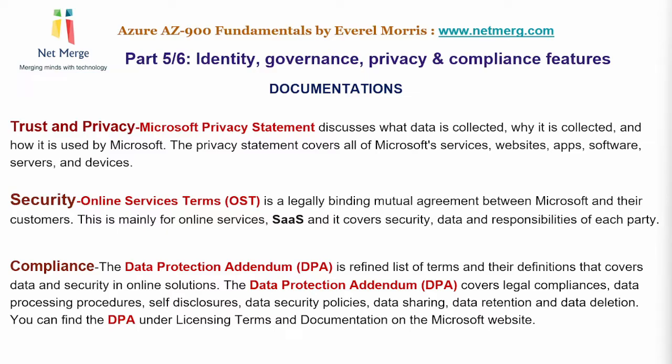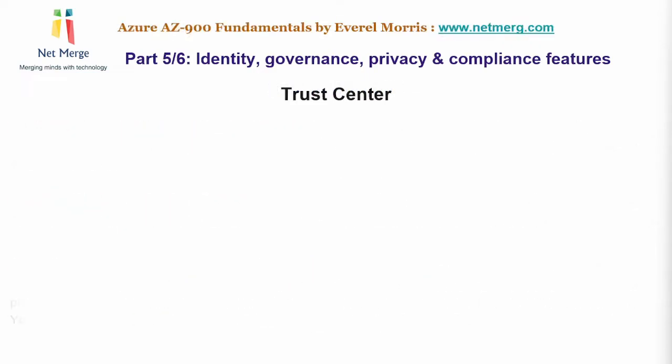The Data Protection Addendum covers legal compliance as well, data processing procedures, self-disclosure, data security policies, data sharing, data retention, and data deletion. So it's really a deep-rooted document that covers a lot of things. You can find the DPA on their licensing terms and documentation on the Azure Microsoft website.